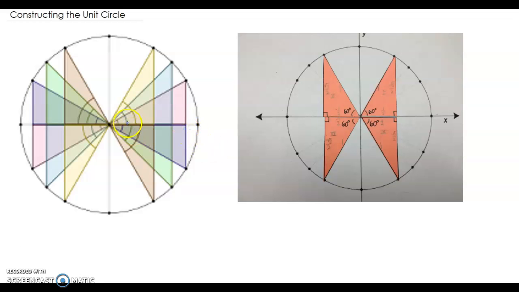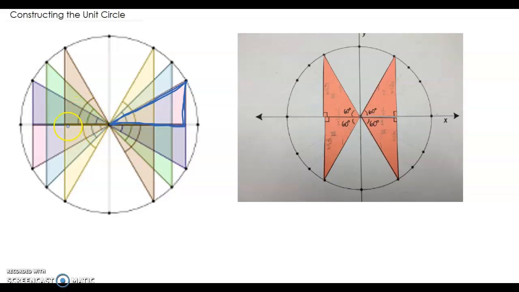And so how the special right triangles pop up is you'll see that from the origin, we can draw triangles that have a side that's along our x-axis with our radius creating our hypotenuse, with one of our angles touching the side of our circle.